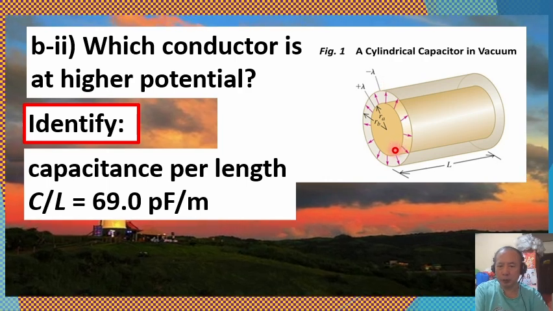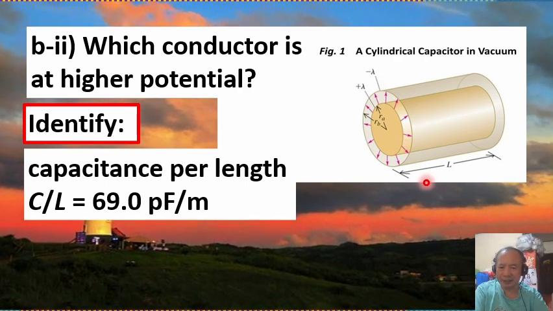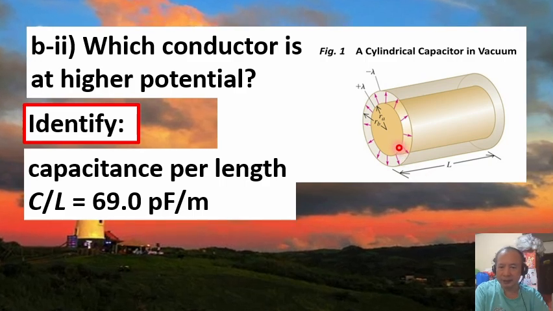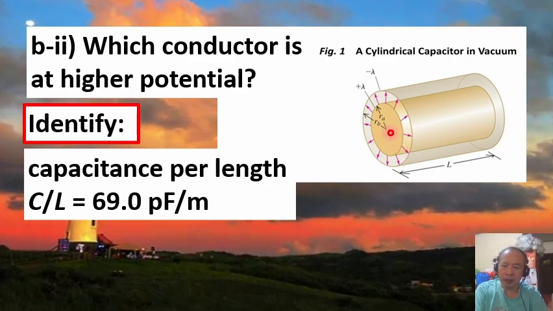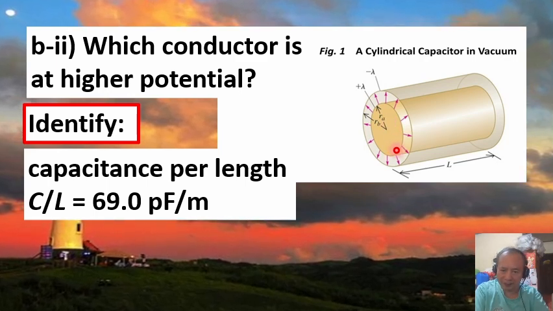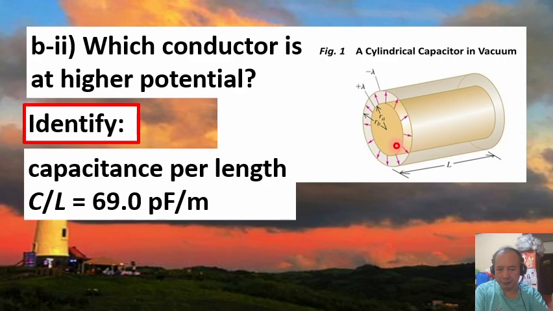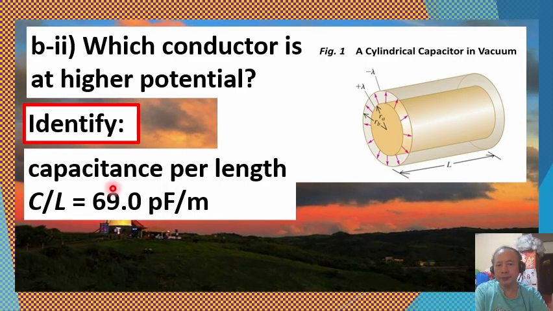So it follows that the linear charge density on the surface of the inner conductor must be positive.